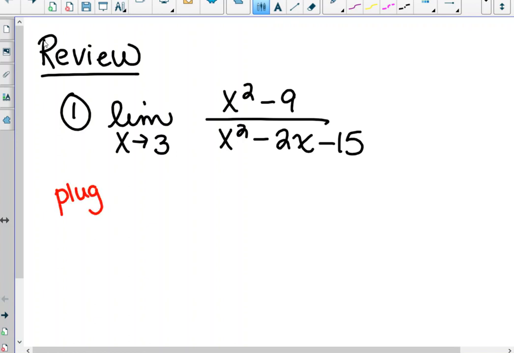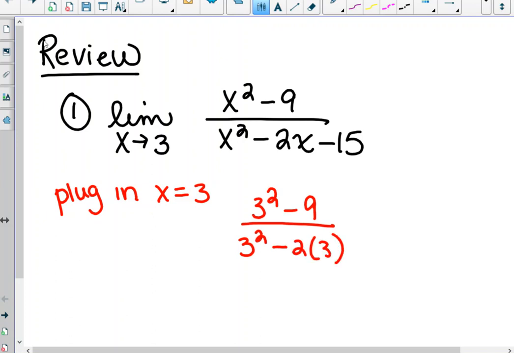The first thing you check is plug in x equals 3, see what happens. All right, so we get 3 squared minus 9, and we get 3 squared minus 2 times 3 minus 15.